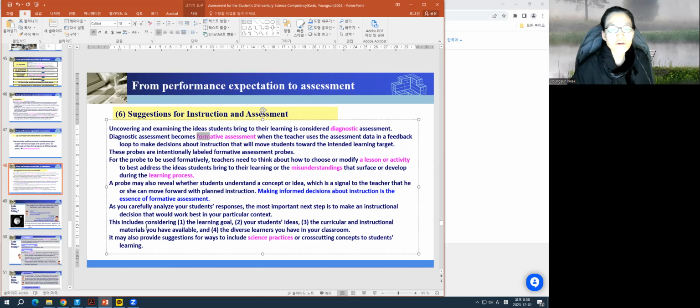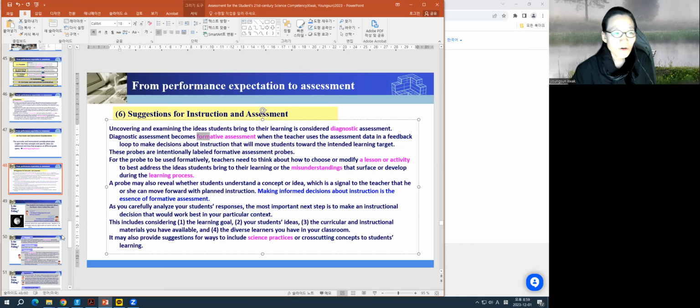When you design competency-based assessment, you need to consider the learning goal of your lesson, your students' ideas, the curricular and instructional materials that you use, and the diverse learners you have in your classroom. It may also provide suggestions for ways to include science practices, or sometimes science inquiry processes.